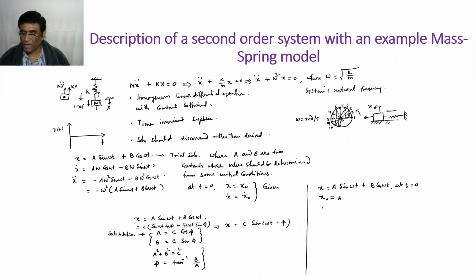Cos 0 is 1. So you get b equals x naught. Then to get another constant, I have differentiated this. Right? So this is this relation, a omega.